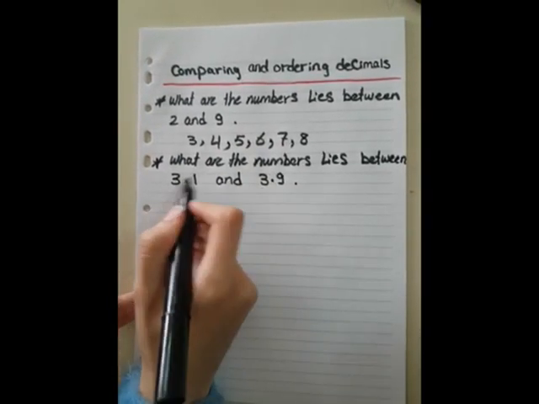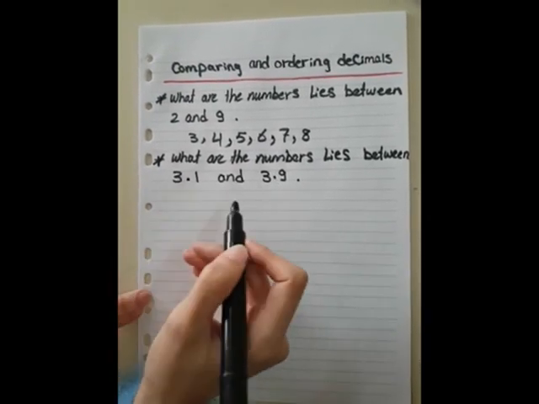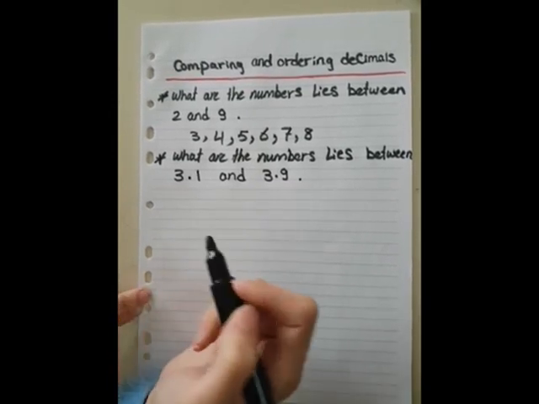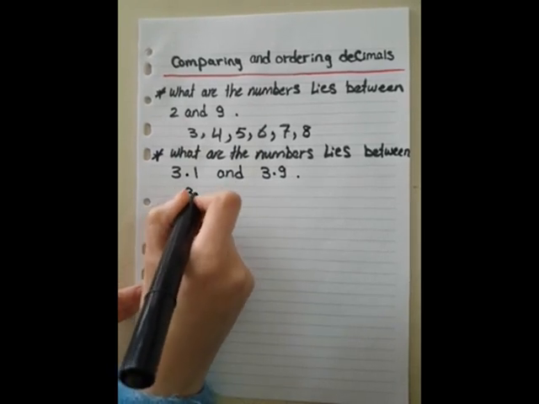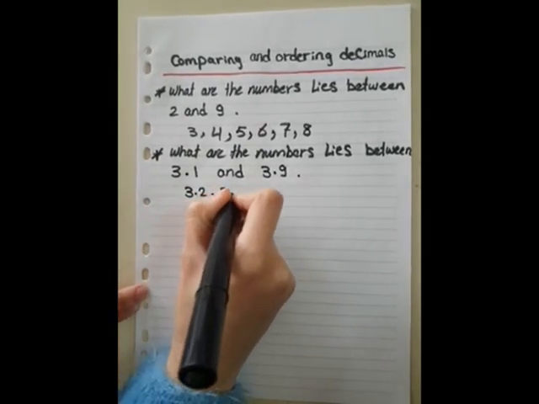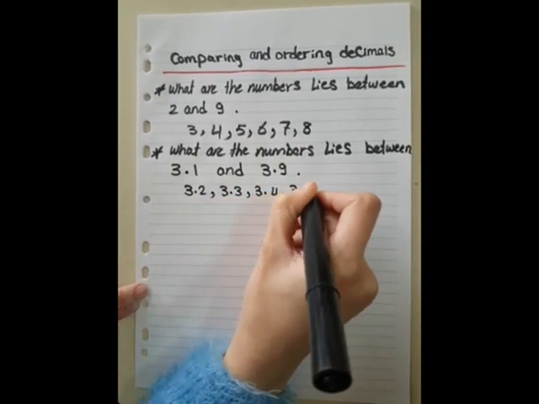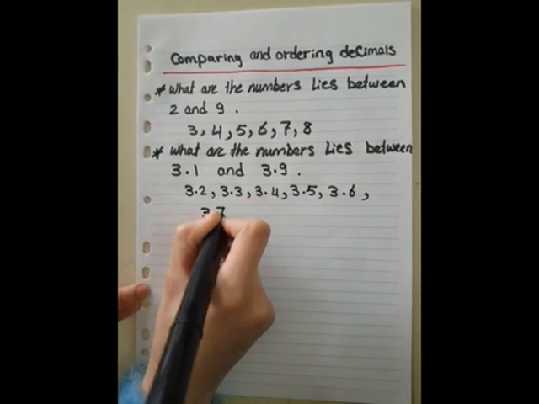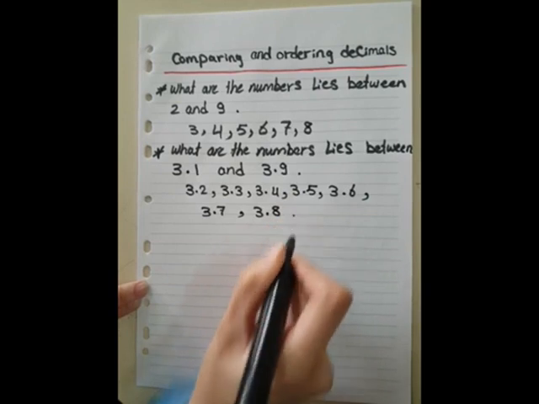We have the same whole number. Of course we have 2, 3, 4, 5, 6, 7, and 8. So the numbers which lie between 3.1 and 3.9 are 3.2, 3.3, 3.4, 3.5, 3.6, 3.7, and 3.8. And that's all.